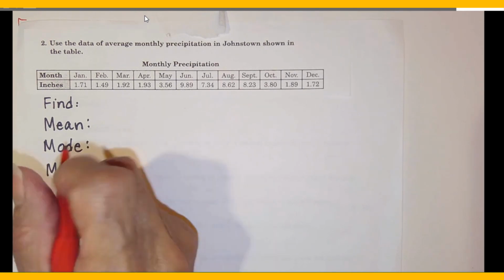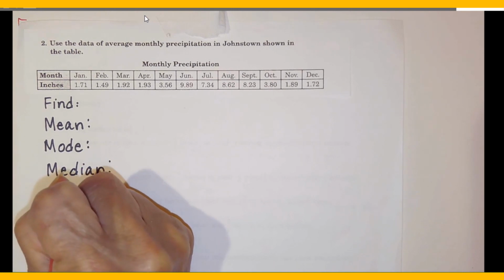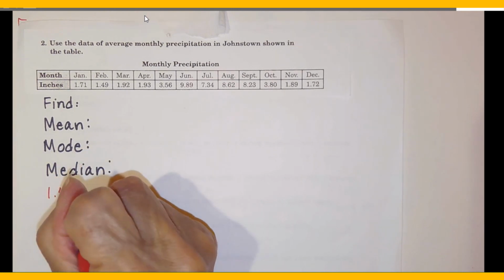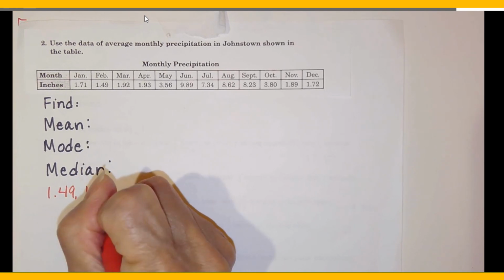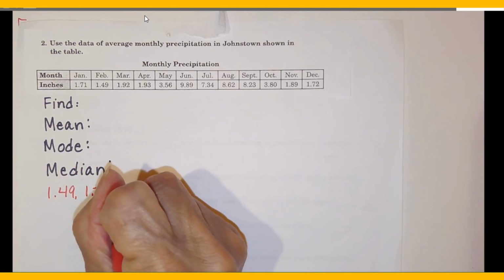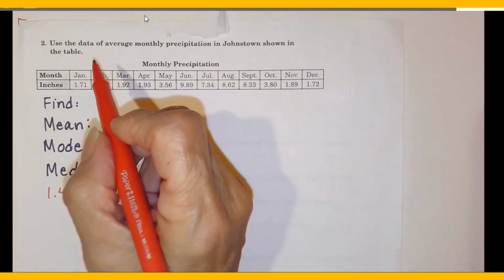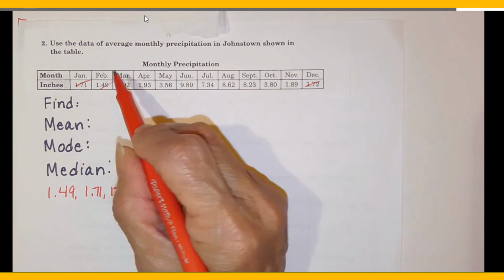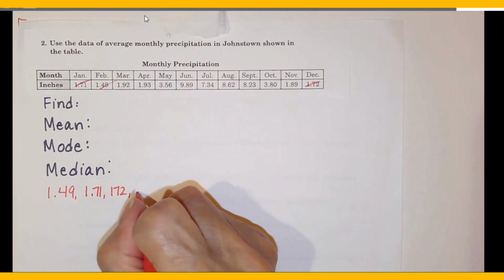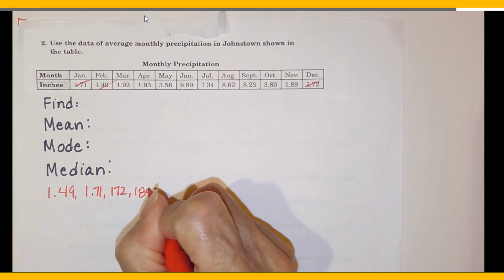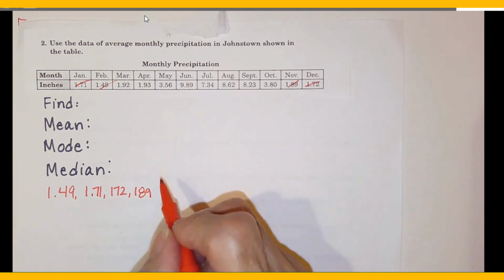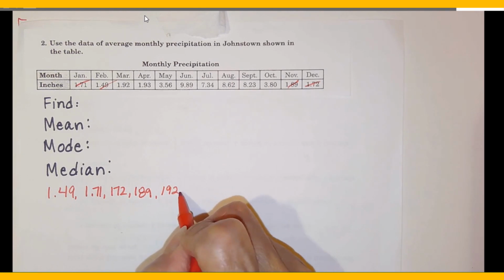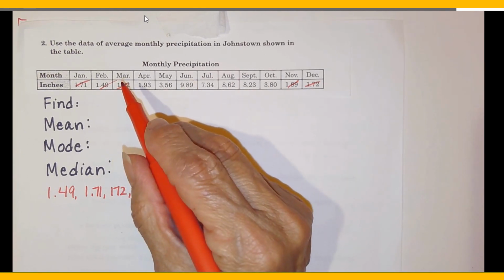My first number is going to be 149, 171, 172, 189, 192, 193.